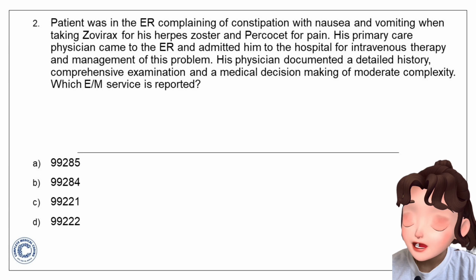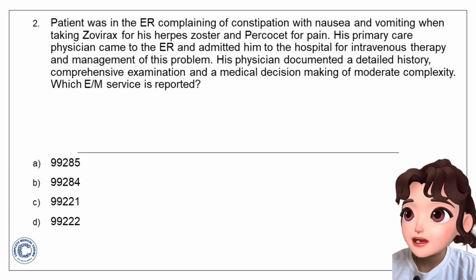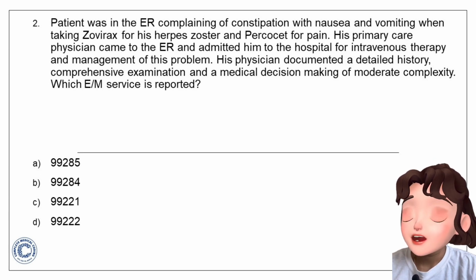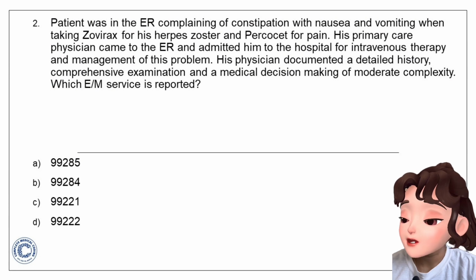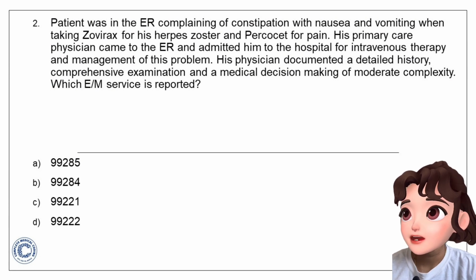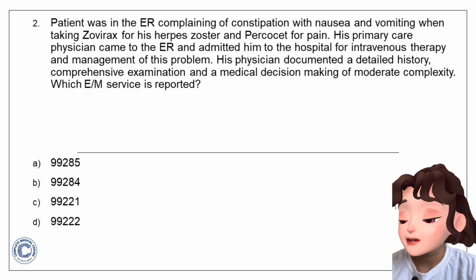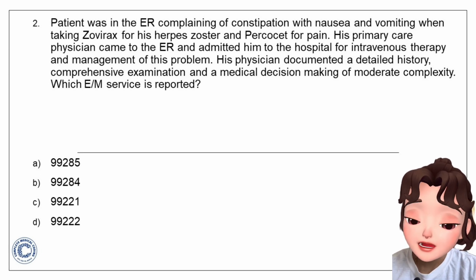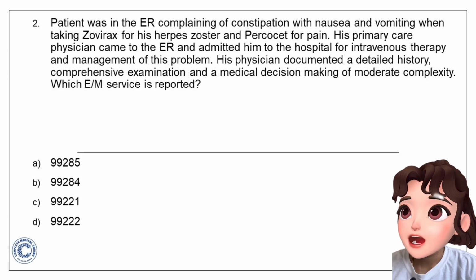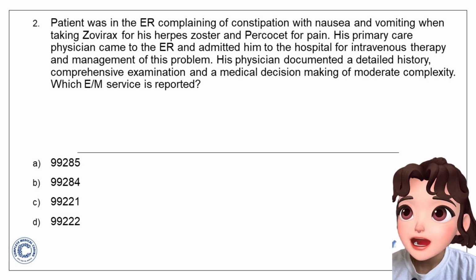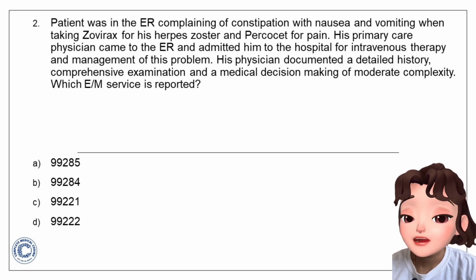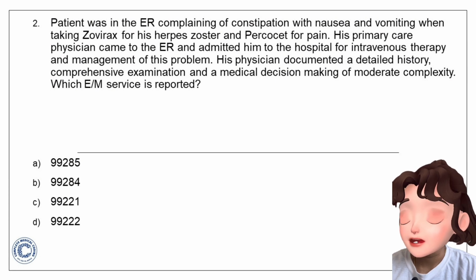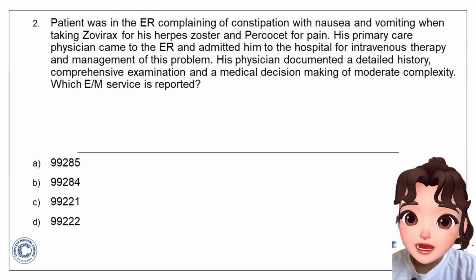Only MDM is mismatching, low complexity. But in option D, 99222, comprehensive history, no, here also 2 are matching: comprehensive examination and MDM of moderate complexity. But you have to identify from the question what exactly is happening or what procedure is being carried out.